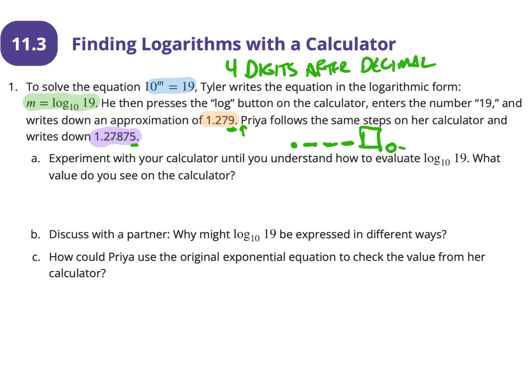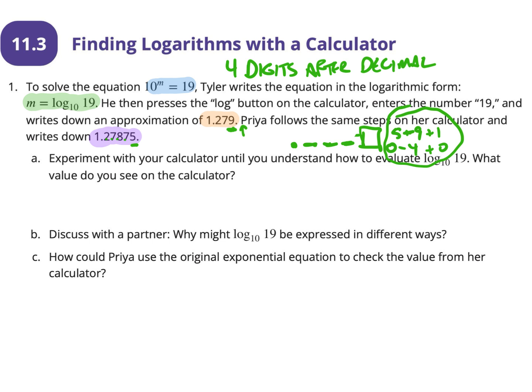If the number after it is 0 to 4, add 0. If it's 5 to 9, add 1 to the number to the left. So you look at the number in the box, then the number right here in the circle, and you either add 0 to the number in the box or add 1 to it. That's rounding.